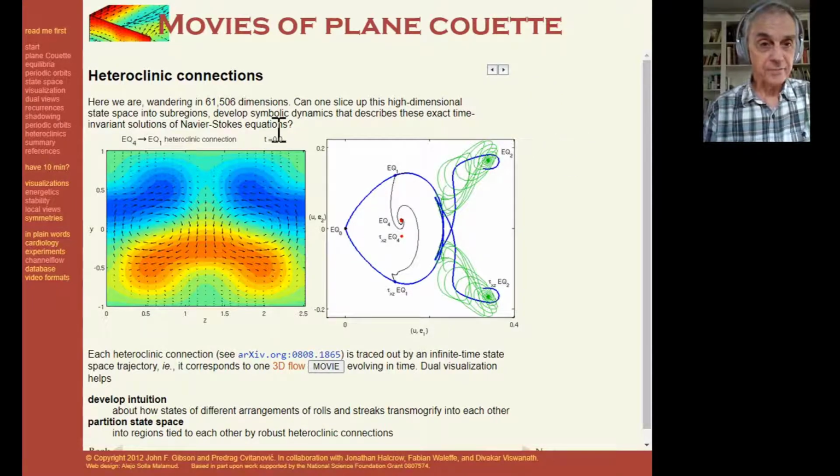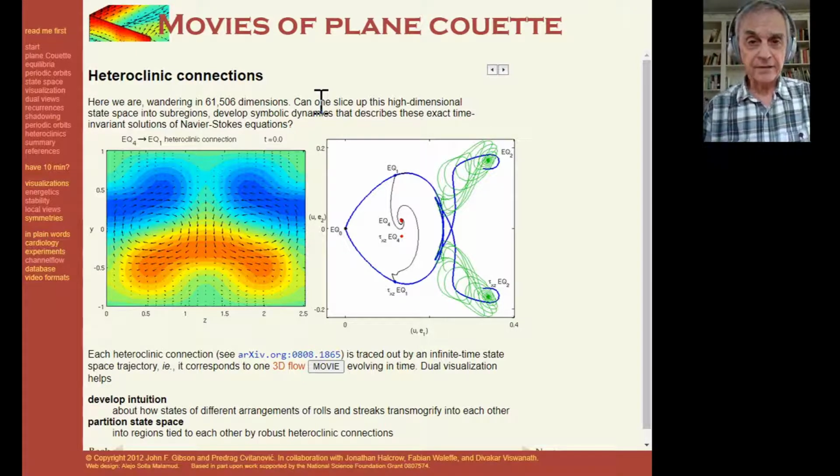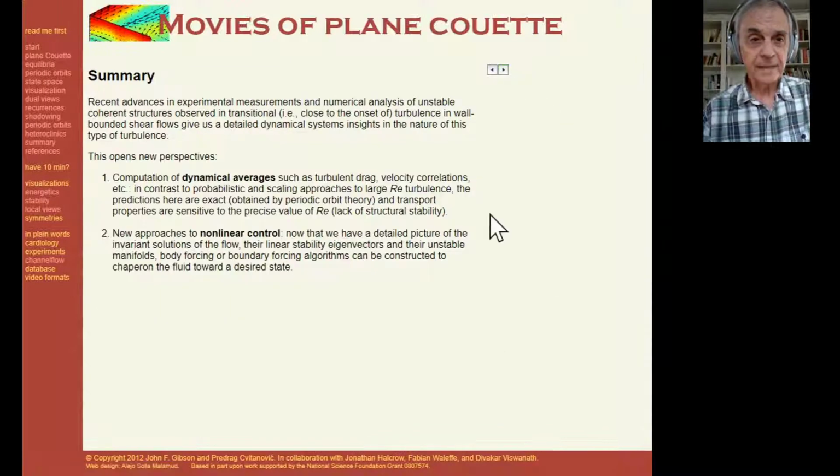It's a month's amount of work. Doing this for fluids is much harder than doing it for the one-dimensional Kuramoto-Sivashinsky. Here's an example. But it only counts in the engineering community if you can do it for the real case. And we can do it, and you can do it.